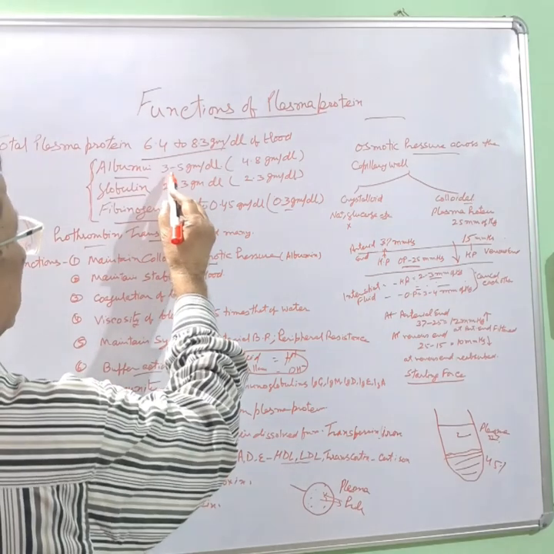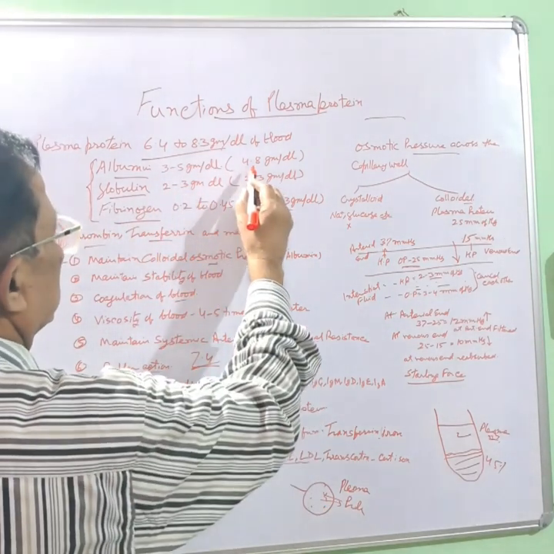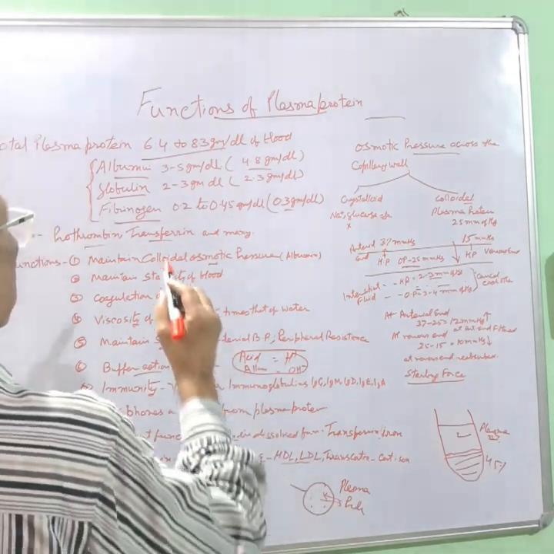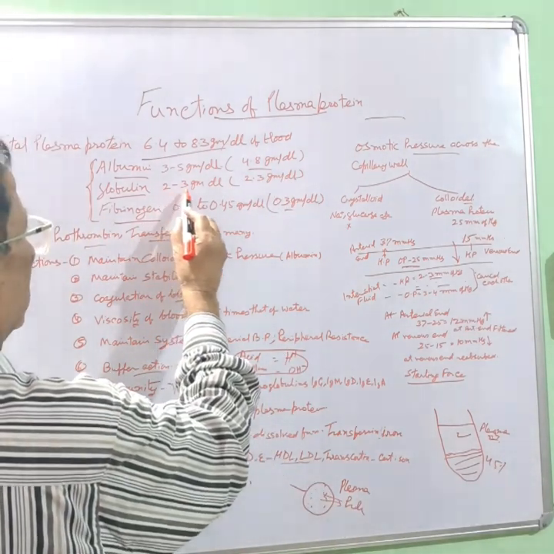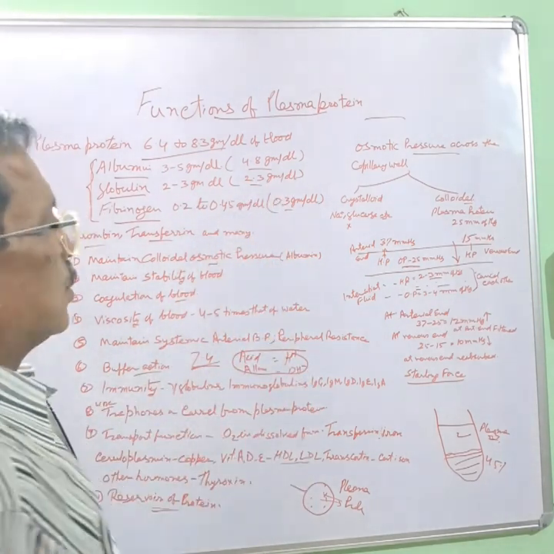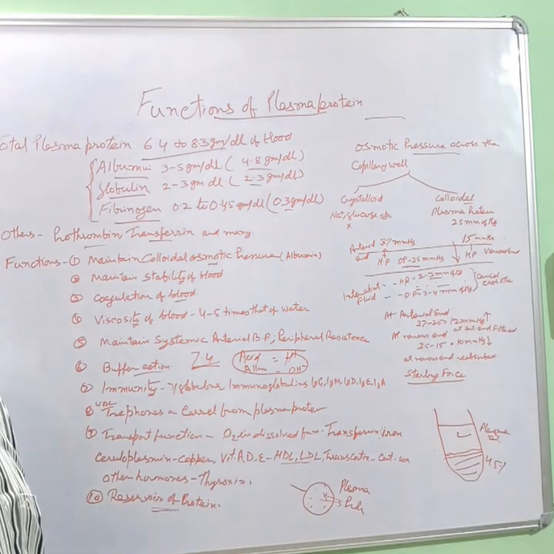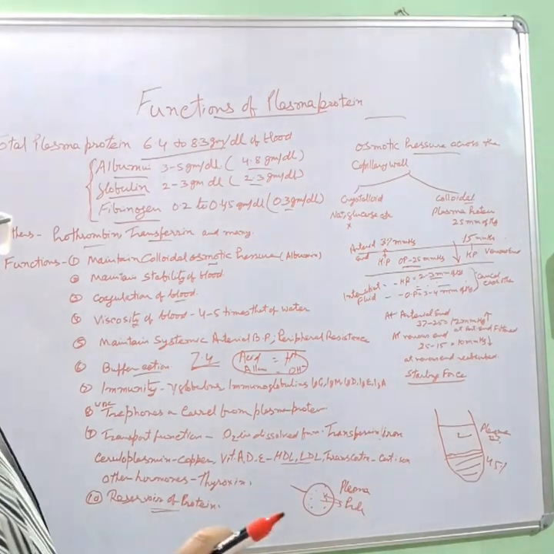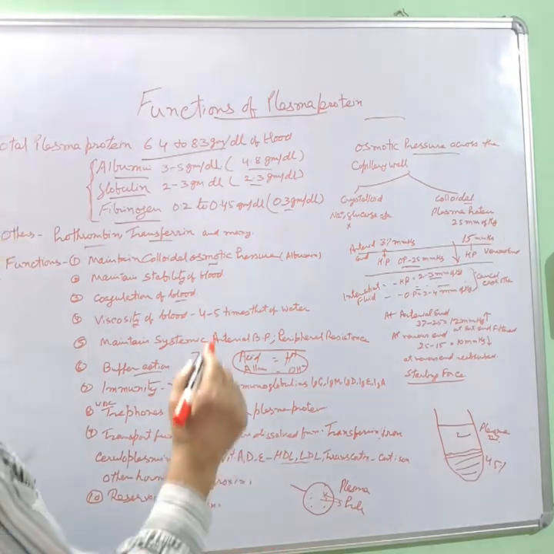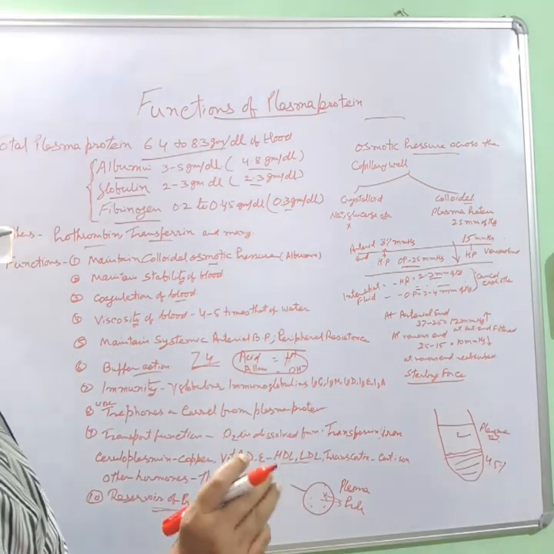Albumin is 3 to 5 grams per deciliter, with an average of 4.8. Globulin ranges from 2 to 3 grams per deciliter, here 2.3. Fibrinogen is 0.2 to 0.45 grams per deciliter, with 0.3 as the average.